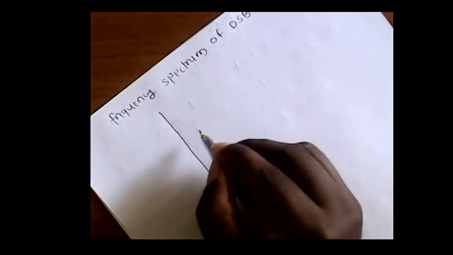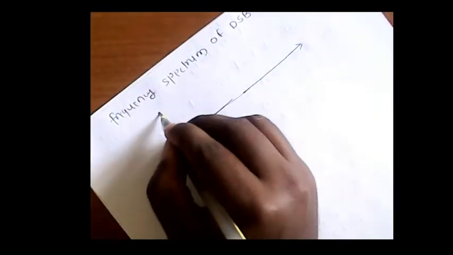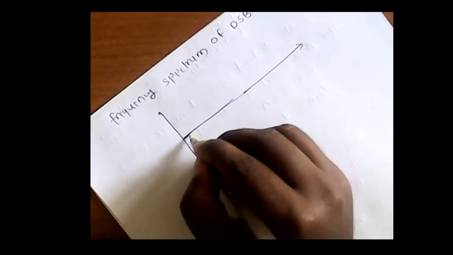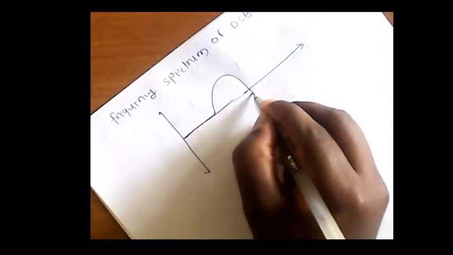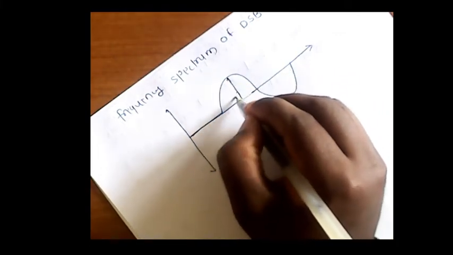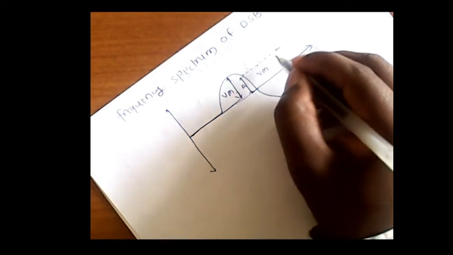If we draw the DSB-SC waveforms in the frequency domain, we get this. This is the amplitude of the modulating signal Vm, and this is the instantaneous amplitude of your double sideband suppressed carrier signal.